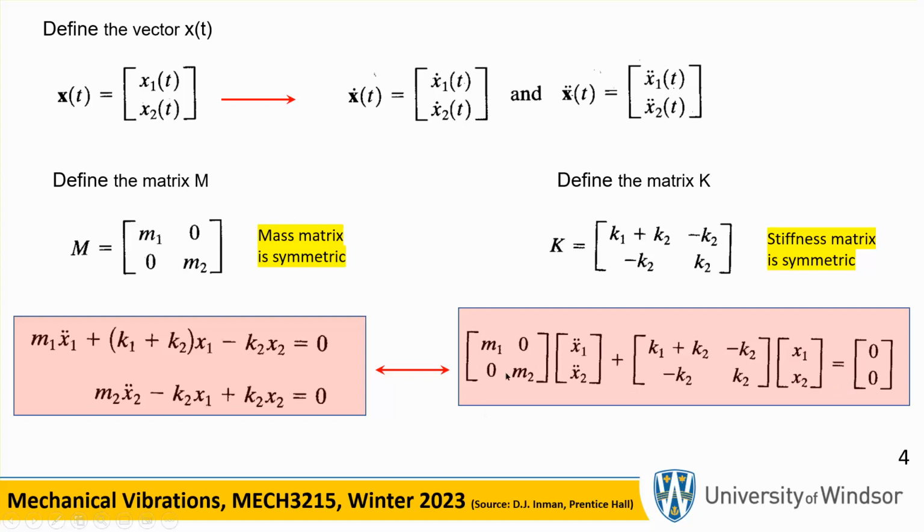This looks like our good old single degree of freedom system, mass times acceleration plus stiffness k times displacement equal to 0, except that things are now in matrix form and vector form. So people write it like that: M, the mass matrix, x double dot, the acceleration vector, plus Kx, which is basically the spring force, equal to 0.